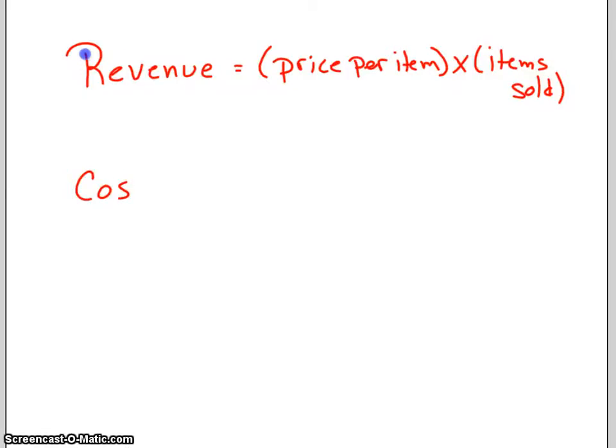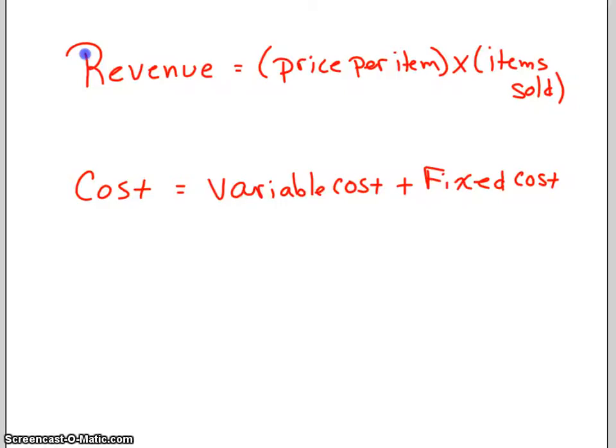Cost has two parts. It has a variable cost plus a fixed cost. The variable cost changes depending on how many items you sell, and the fixed cost remains fixed. There would be no x involved in a fixed cost.